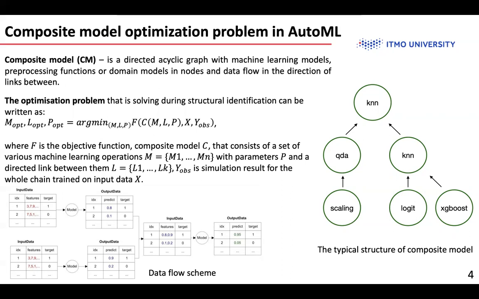The optimization problem that is solved during structural identification of such a graph can be written as presented on slides, where f is an objective function, composite model C consists of a set of various machine learning operations M with parameters P and directed links between them L, trained on the input data X.